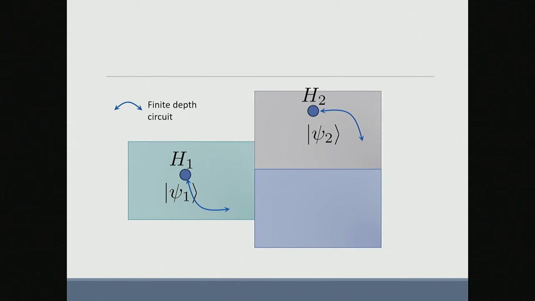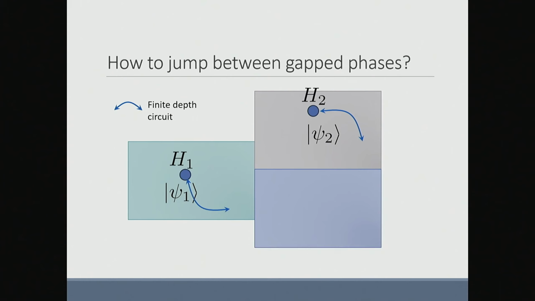So the first part of the talk was about moving between different points in the same gap phase, and we find that this is achieved by the so-called finite depth circuit. And then the next very natural question to ask is how to jump between gap phases, because hopefully, ideally, this would help us to understand phase transitions.